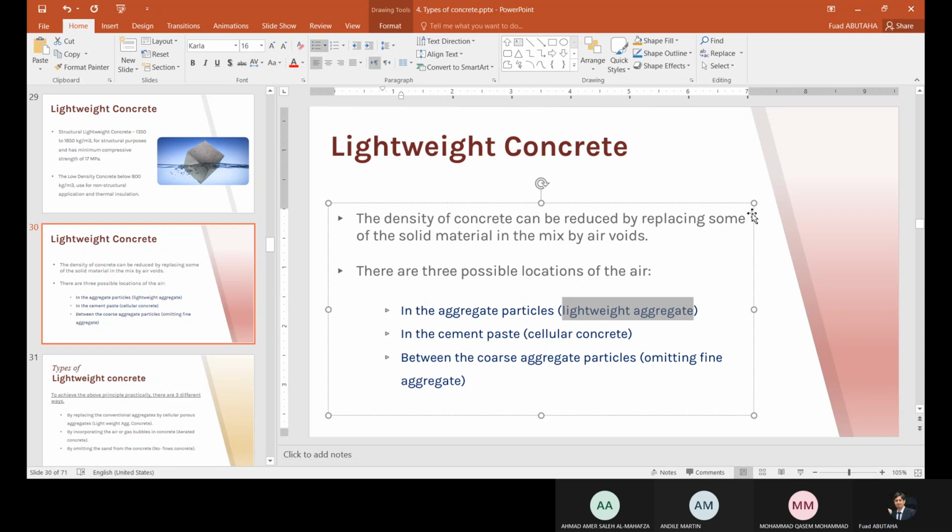So 75% of the weight of the total concrete comes from the aggregates.